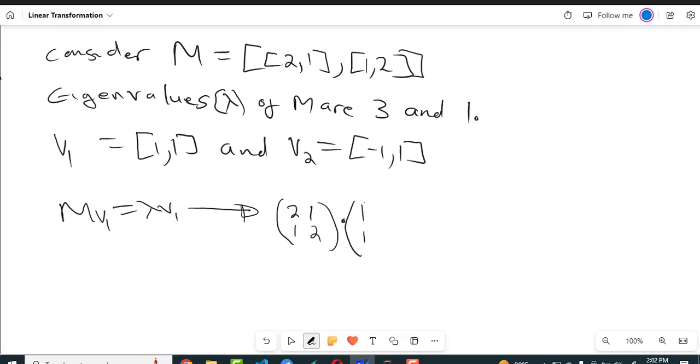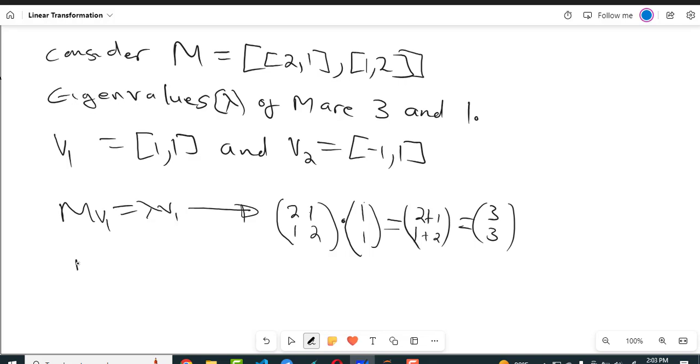Let us multiply now, row by column. 2 times 1 is 2, plus 1 times 1 is 1, which gives 3. Then 1 times 1 is 1, plus 2 times 1 is 2, which gives a total of 3.